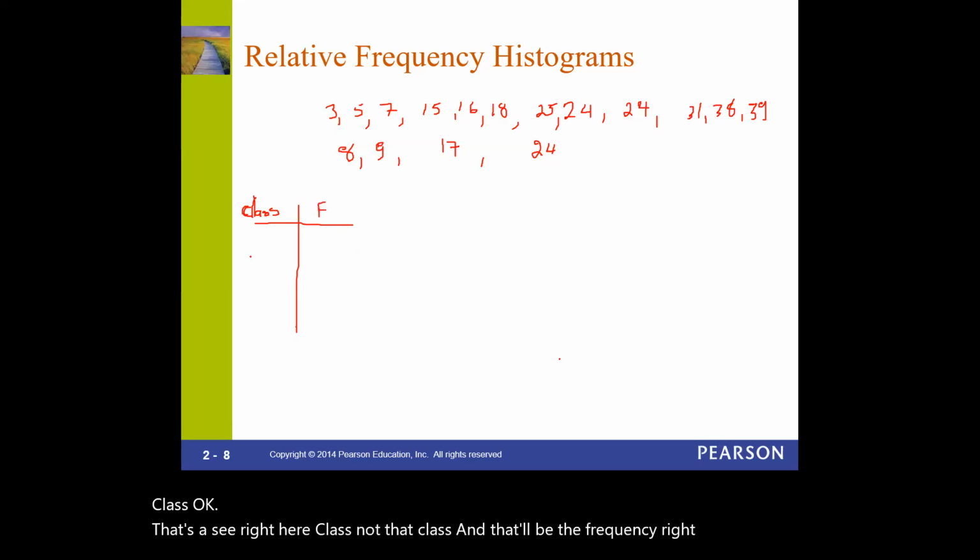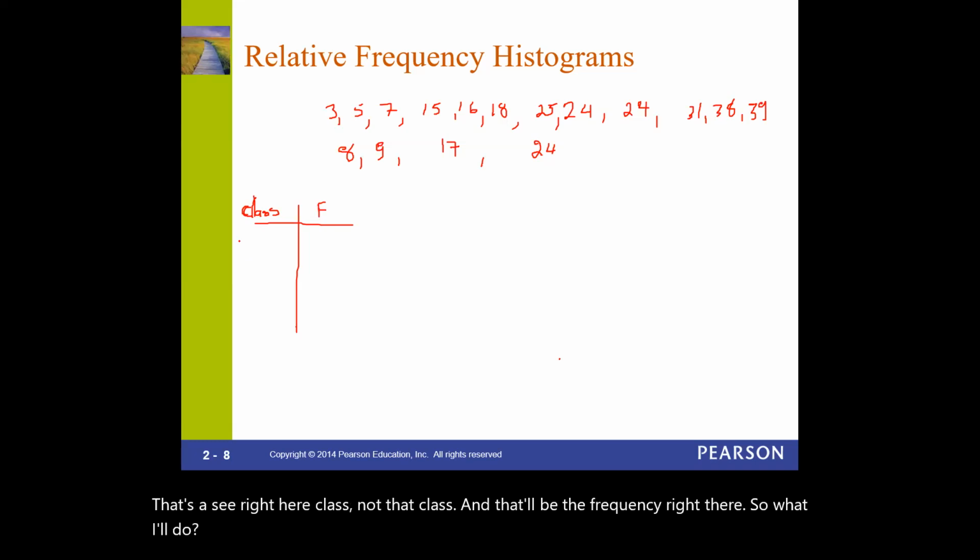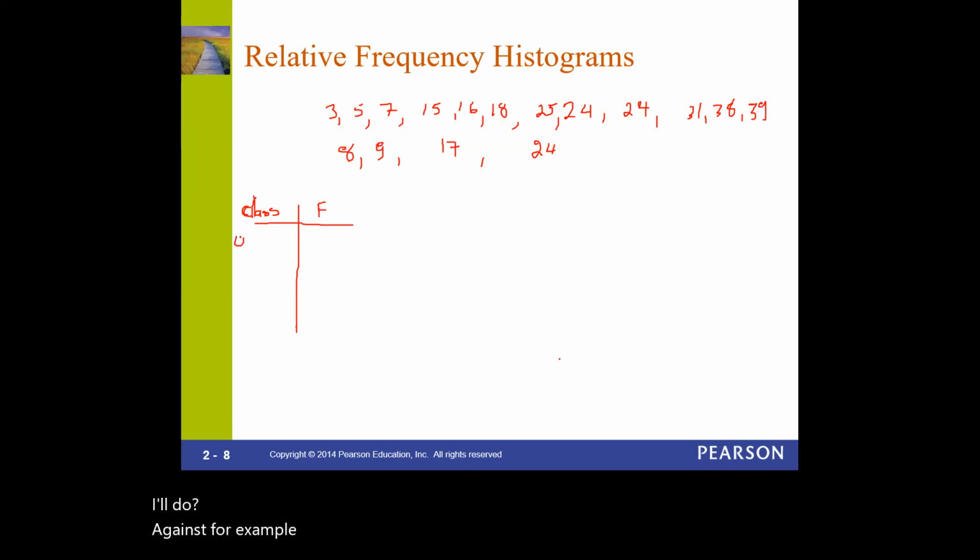So for example, I can say numbers from 0 to 9, then numbers from 10 to 19, numbers from 20 to 29, and then numbers from 30 to 39, okay, and so on.